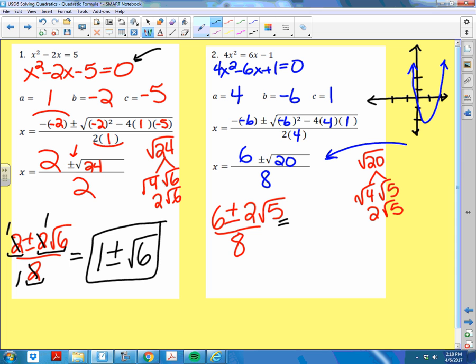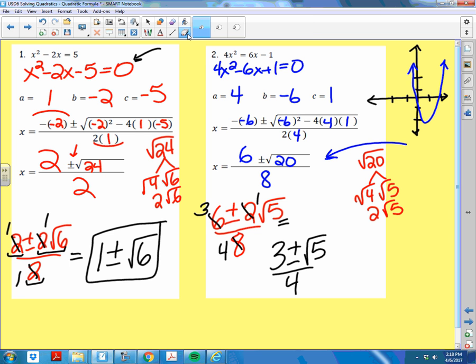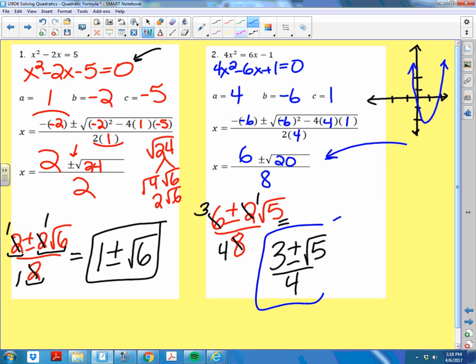Because 6, 2, and 8 are all divisible by 2. This becomes a 3, this becomes a 1, and that becomes a 4, which gives you 3 plus or minus the square root of 5 divided by 4, which is your answer, well, which are your answers.